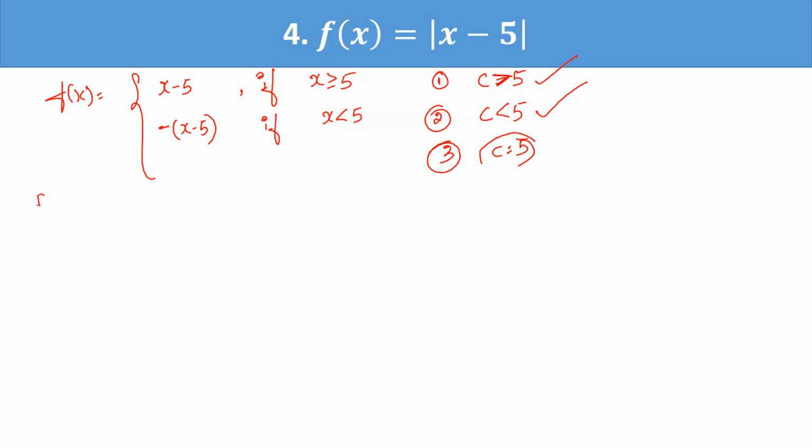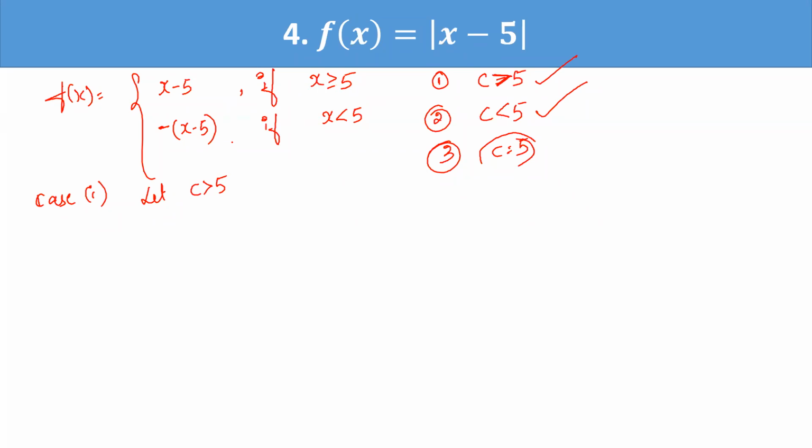So what is the first case? Case 1: let c be greater than 5. Why have we taken these 3 cases? Because your function is varying near 5. It changes at 5. When it is greater than 5 it is one function, and when it is less than 5 your function is different.